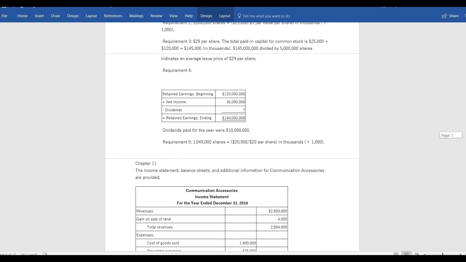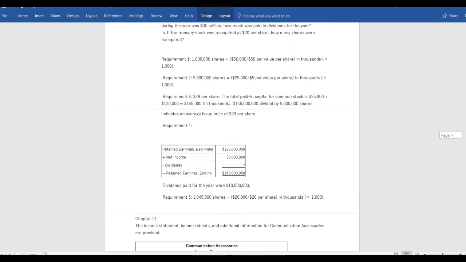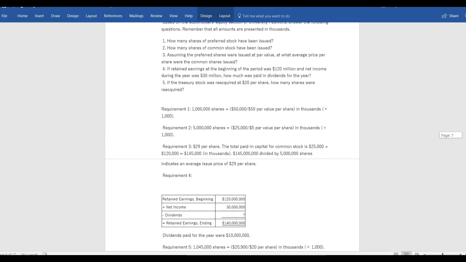The next requirement asks us, if retained earnings at the beginning of the period was $120 million and net income during the year was $30 million, how much was paid in dividends for the year?